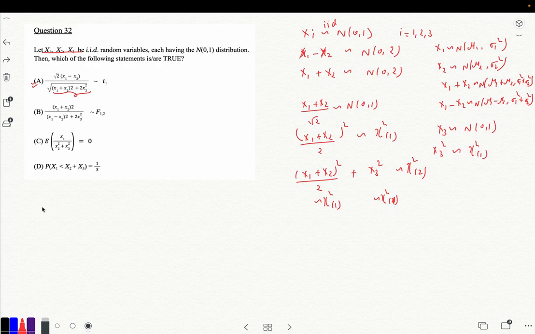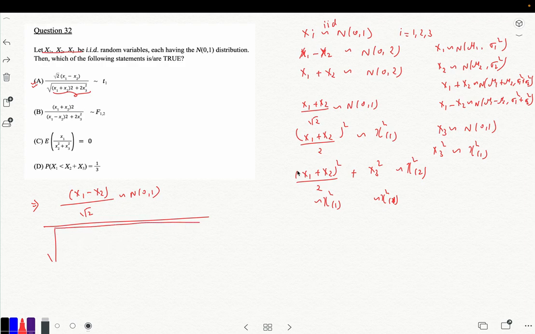Okay, so what are we saying? They are trying to form T. So for T, what is the condition? The numerator is the normal part, divided by root of chi square by n. So what is normal? Normal 0, 1. So x1 minus x2 upon root 2, right? That is my normal 0, 1, divided by root of chi square by 1.